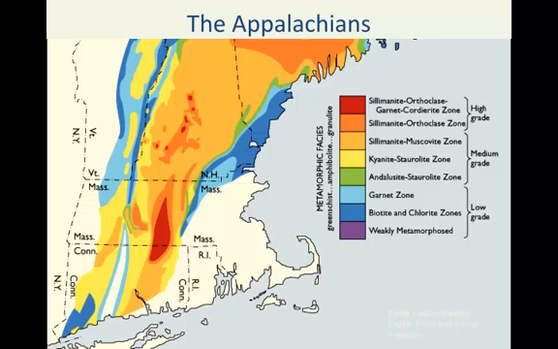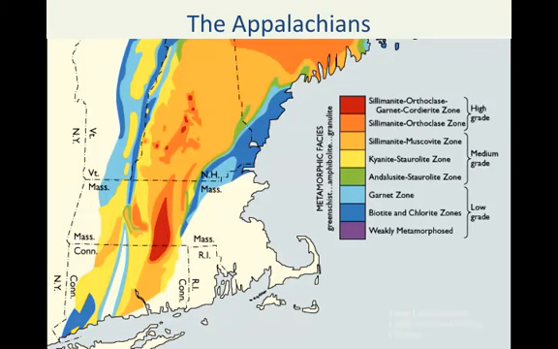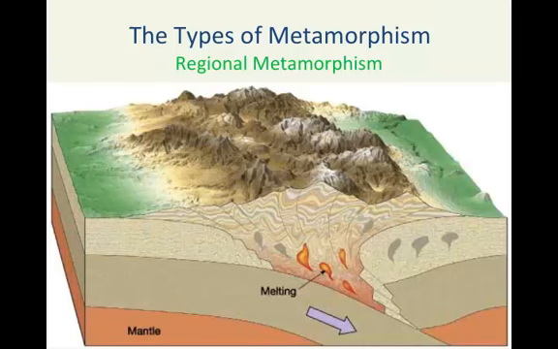And it's not as neat as Barrow's area where you're stepping from one zone to the next, because this area is deformed, and features like this reflect that there was folding taking place, and the fact that you have the lower grade rocks on both sides tells you that there were some tectonics going on. The rocks are deformed, but the metamorphic minerals are there.